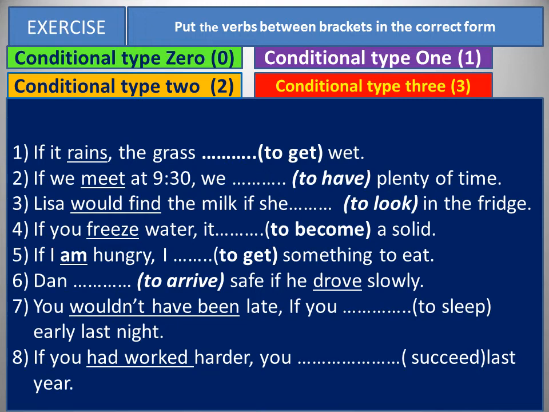Okay, let's correct together. If it rains, the grass, and we have the verb to get wet. So if it rains, the grass gets wet. So here we use conditional type 0 because we have if plus present simple, of course. Sentence 2.